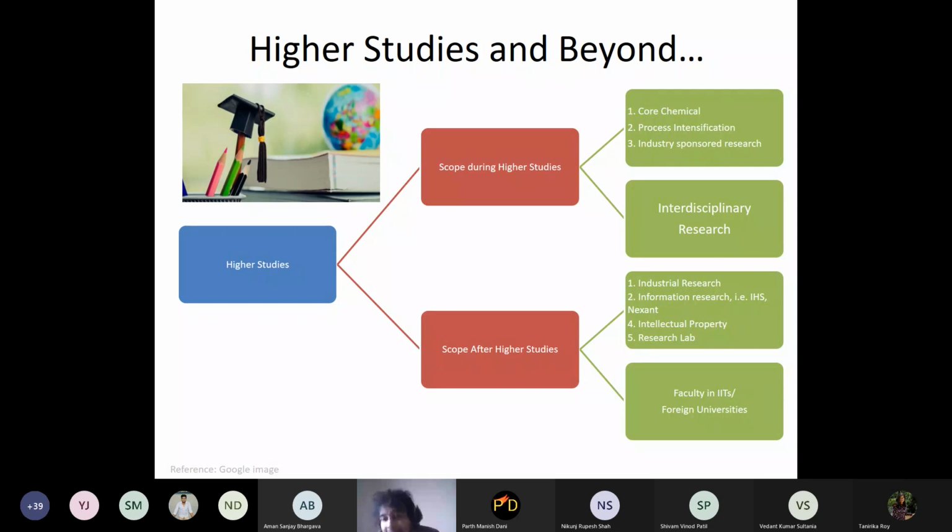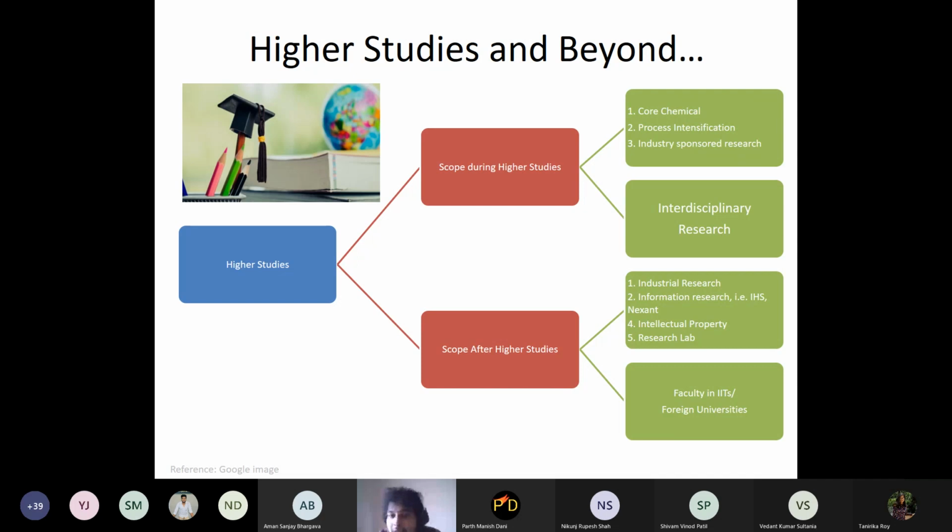For example, I recently did a beta testing of one of Aspen's versions, which has embedded data science or AI/ML, artificial intelligence, machine learning, in it. So you can have neural networks. You can do the kinetics estimation using neural networks.